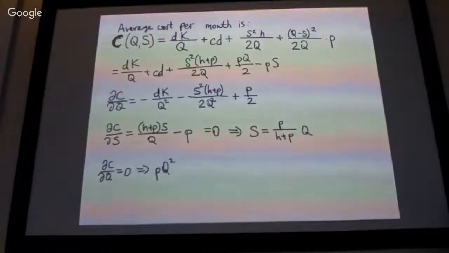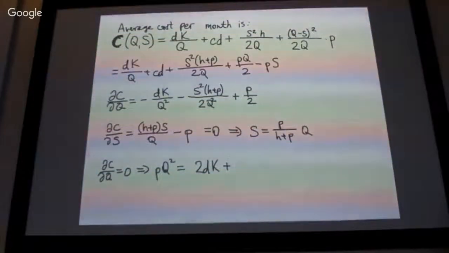So from this we get that pq squared equals 2dk plus s squared times h plus p.